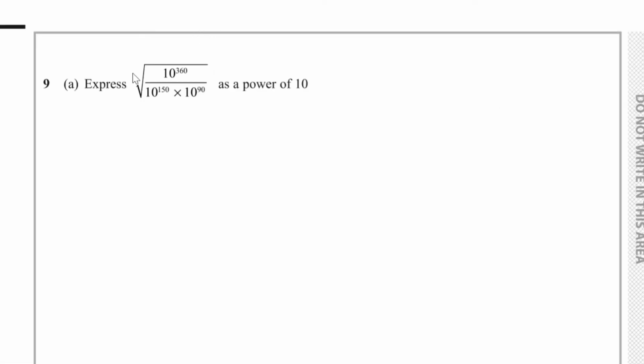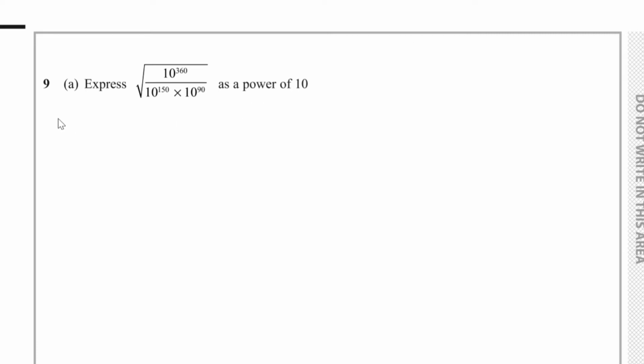Question number 9. For part A, we have to express the square root of 10 to the 360 over 10 to the 150 times 10 to the 90 as a power of 10. Well, what we can do first of all is recognize that we have the same bases under the square root. Now, when we square root something, that's the same as raising something to the power of 1/2.